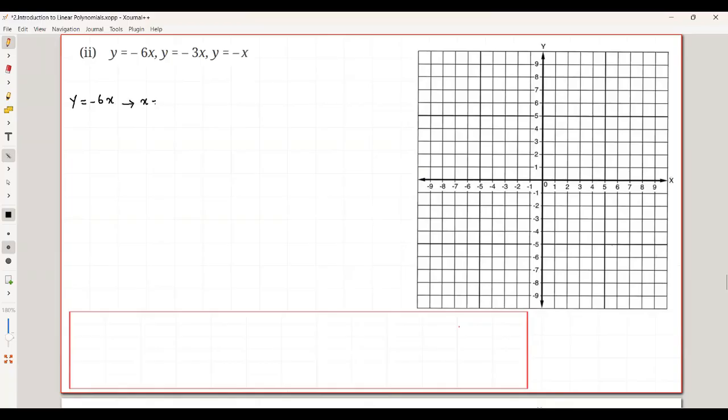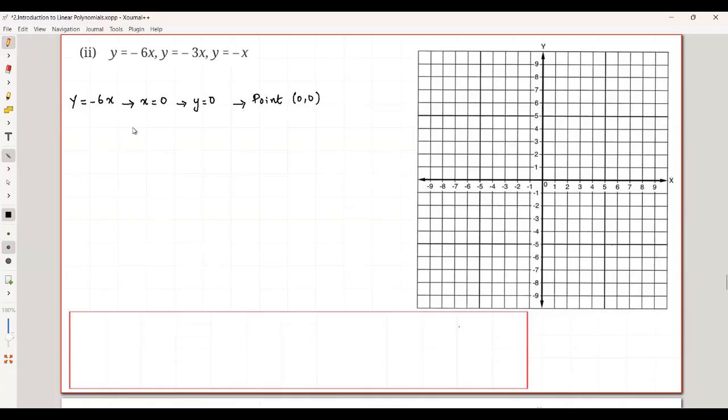If x is equal to 0, minus 6 into 0 will become 0, so y also will be 0. So the point we can write as 0, 0. First point is over.